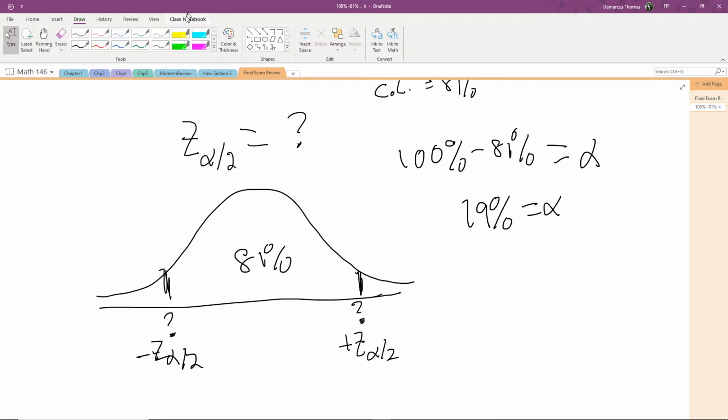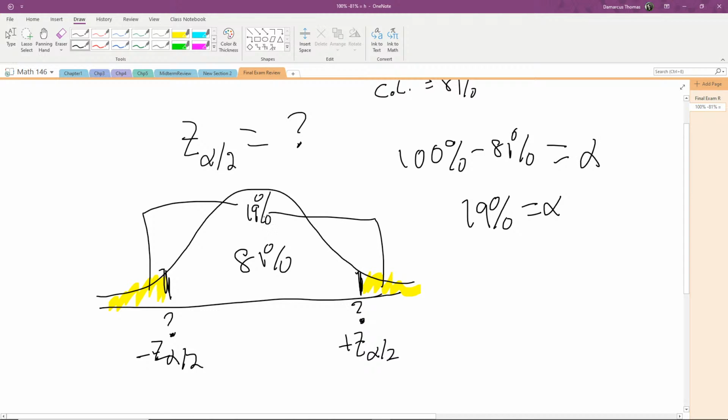Because remember, the remaining pieces, the total of the two ends is 19%. So half of 19% is actually 9.5%. So we have 9.5% in this, and we have 9.5%. And what we need to do is find the z-score that corresponds to the top 9.5%.